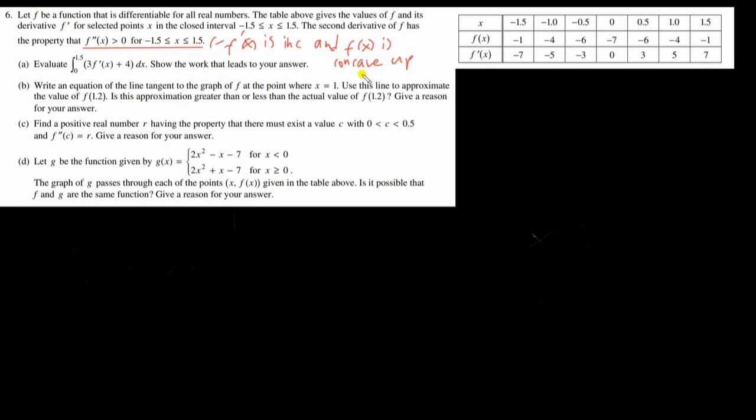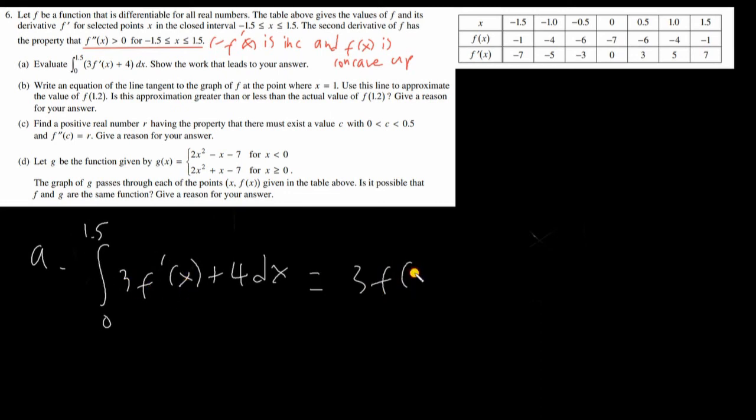So now that we've got that, let's evaluate the integral from 0 to 1.5 of 3f prime of x plus 4 dx. Alright, let's just do this integral real quick. So if I do this, I'll get 3 times, well, the integral of f prime of x is just f of x.